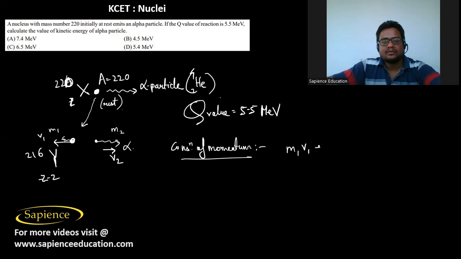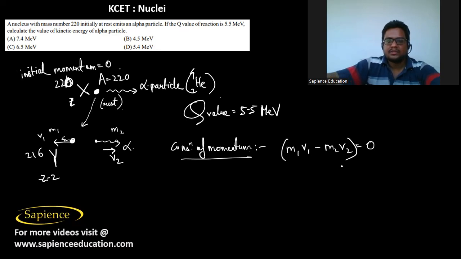So m1 v1 minus m2 v2 should be equal to 0, since the nucleus was initially at rest, so the initial momentum of the system was 0, and the final momentum also should be 0.